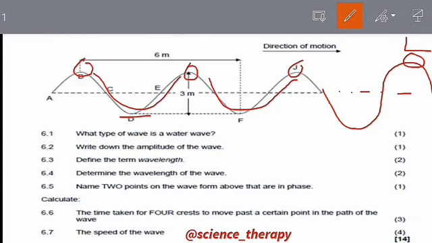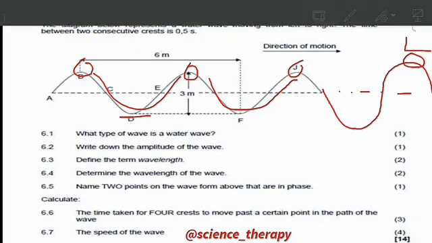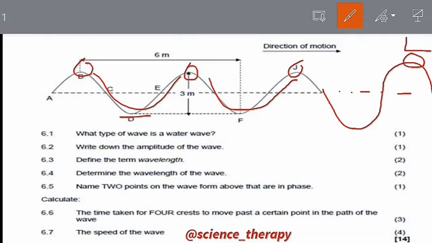So this is 1, 2, and 3, right? Now, in order to calculate that, let's go to the statement above. It says the time between 2 consecutive crests is 0.5 seconds. What does that mean? It means that moving from this crest to this crest here, it takes 0.5 seconds.